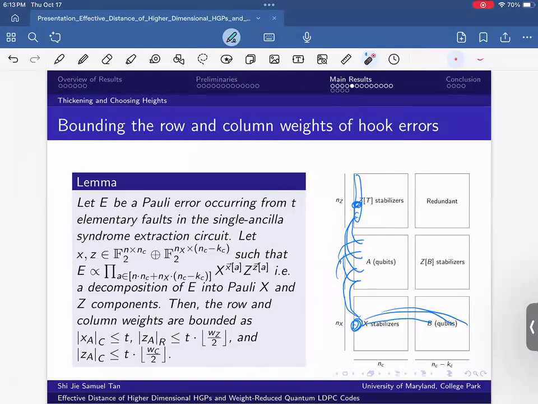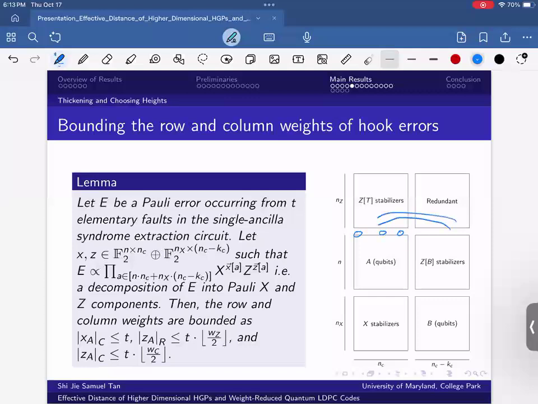Let's say there is a classical codeword. For the X logical operator, it can look something like this. Let's pick a classical codeword that has support on this, and this, because we mentioned that this direction is the classical code's parity check matrix.